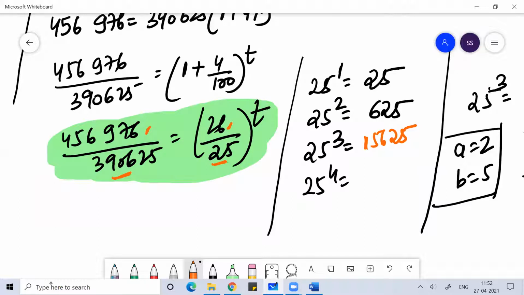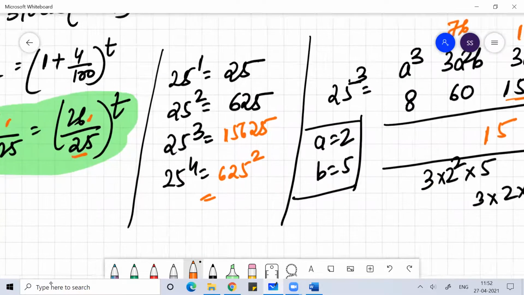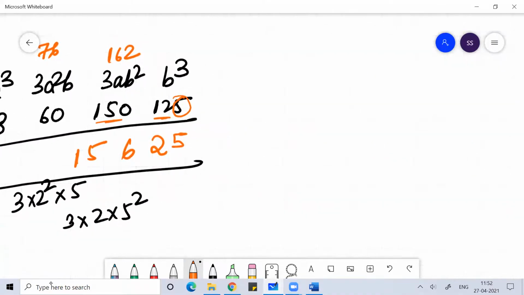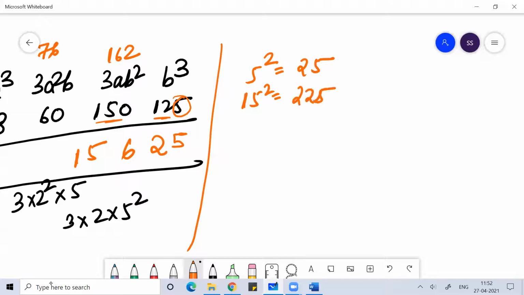So now what is 25 to the power 2? 25 to the power 2 is nothing but 625. I hope you remember I told you how to find the square of a number ending with 5. 5 square 25, 15 square 225, 25 square 625, 35 square 1225. You remember, right?